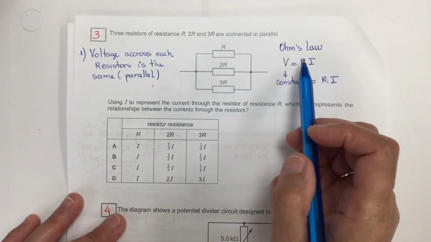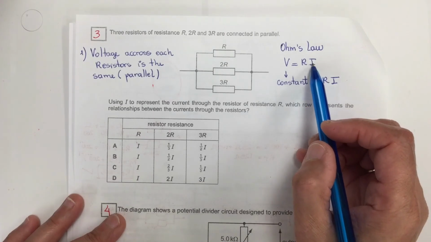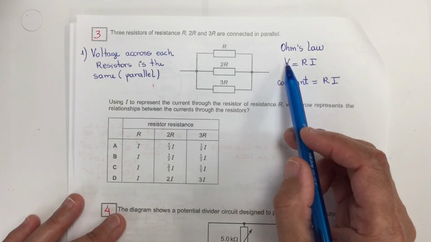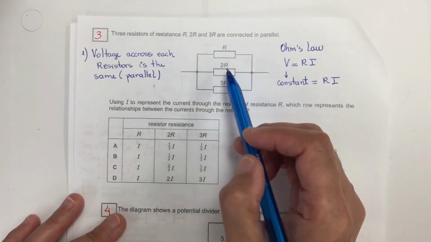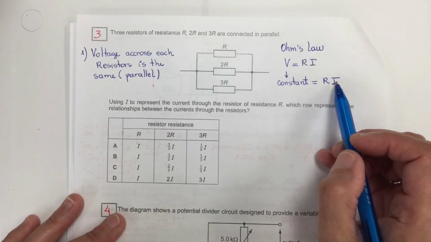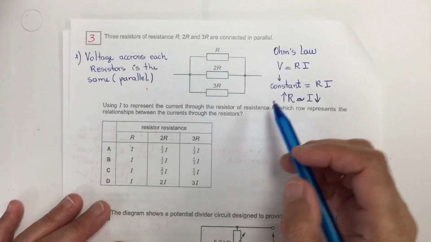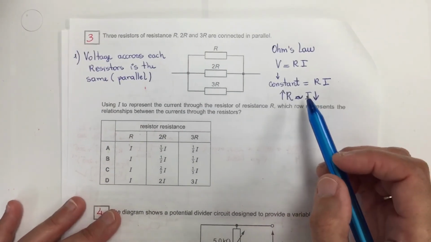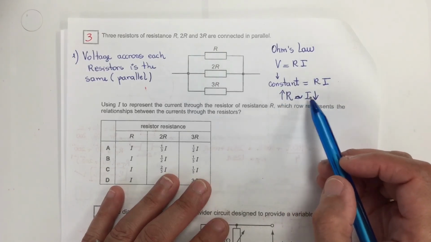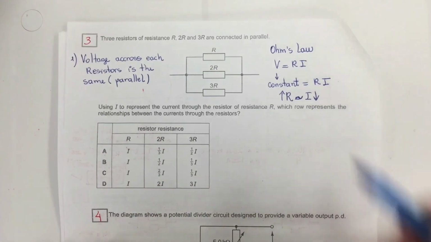From Ohm's law, the relationship between voltage, resistance, and current is given by this formula. So the voltage here is constant. So the product between the resistance and the current must be constant, which means that if the resistance increases, the current is going to decrease with the same proportion.